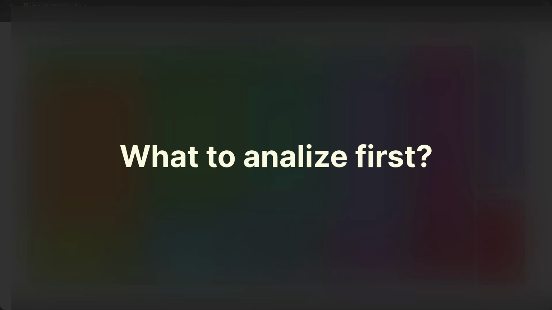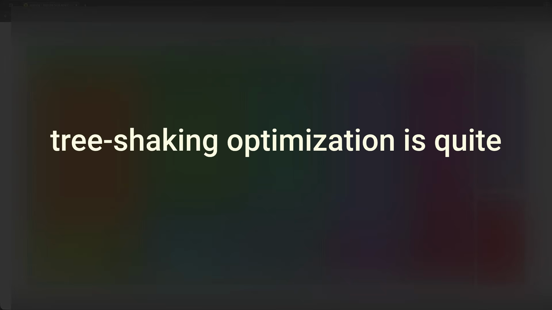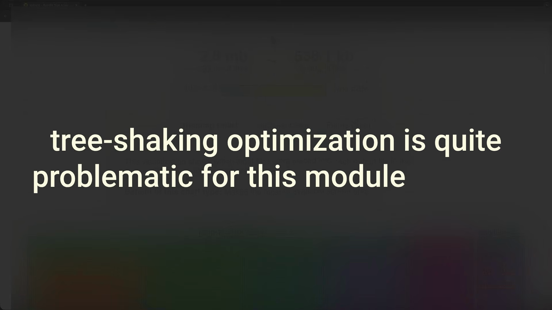Usually, the first thing I immediately check is the ratio of CommonJS to ESM modules in my bundle. Ideally, the CommonJS code should be 0%. If it exceeds, this is a red flag for me. The problem with CommonJS modules is that due to their dynamic nature, tree shaking optimization is quite problematic for this module system.